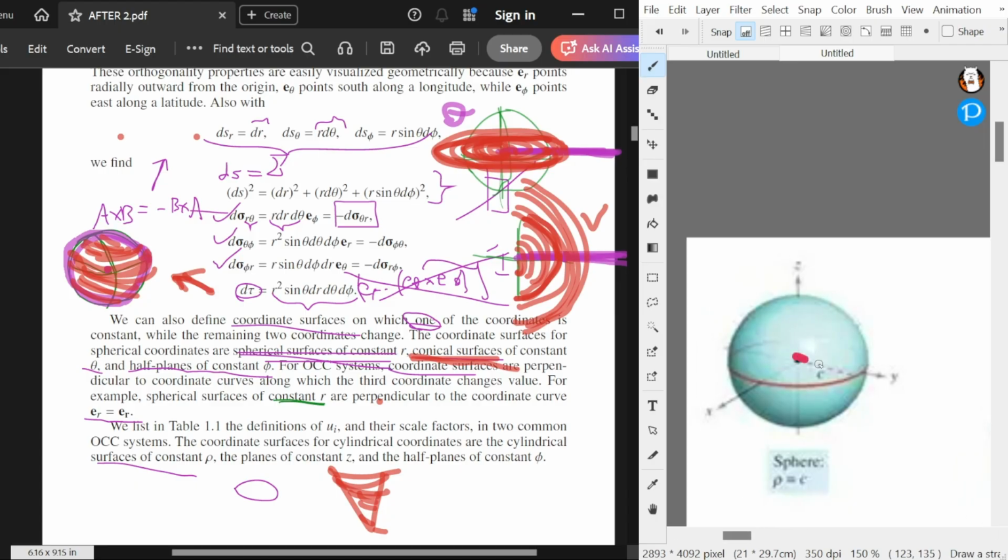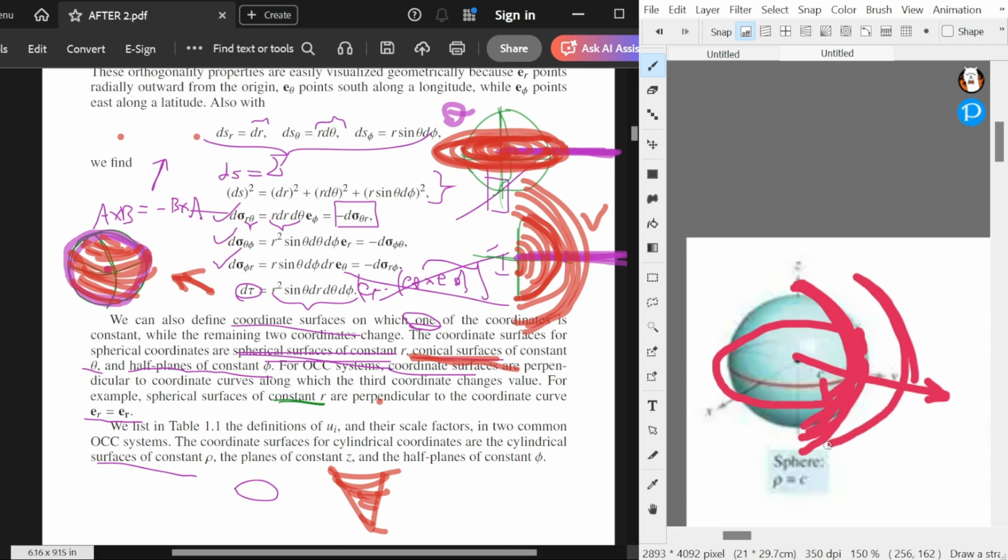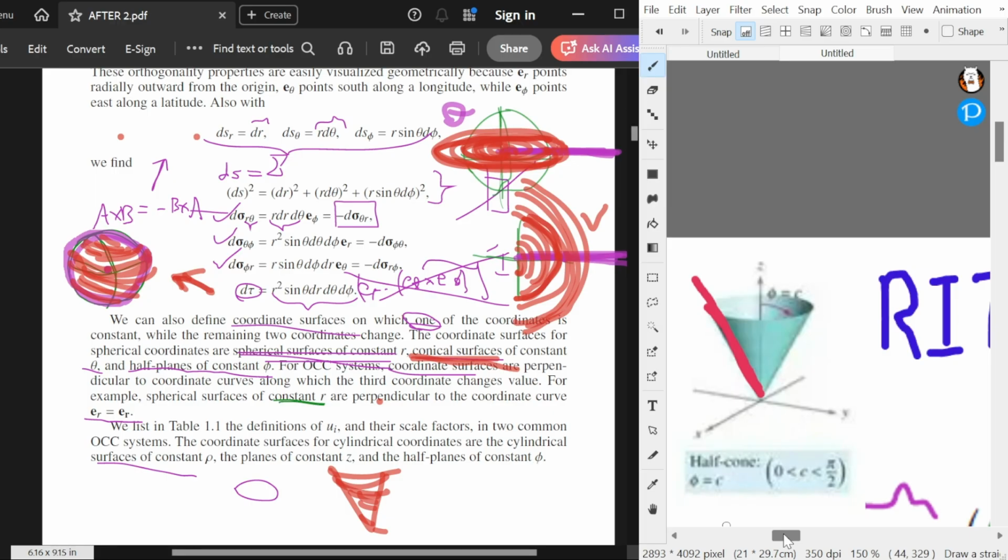Okay, R is this direction. This guy goes like this. At this point he goes up, this point he goes up.